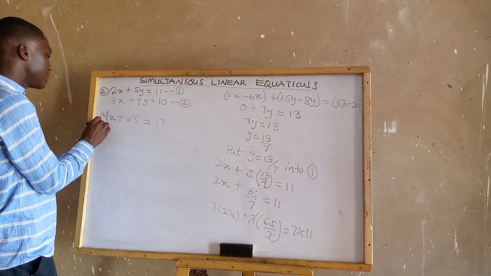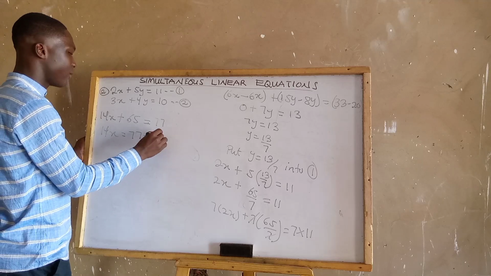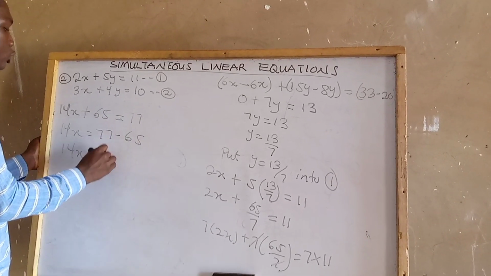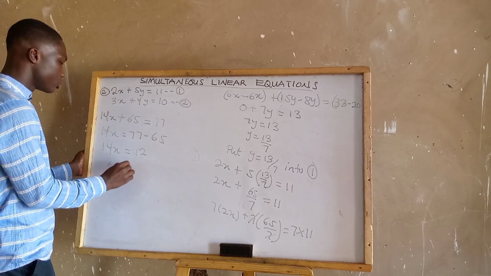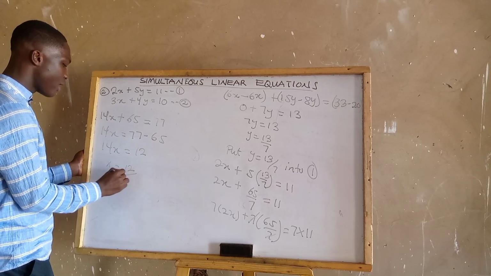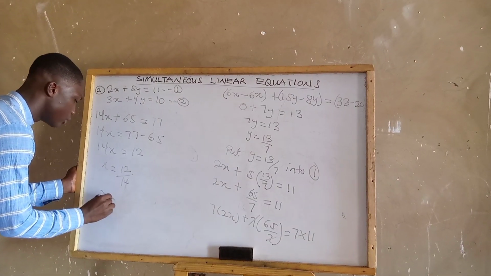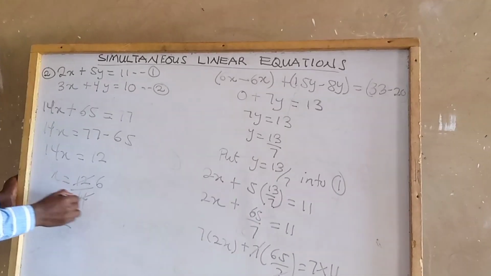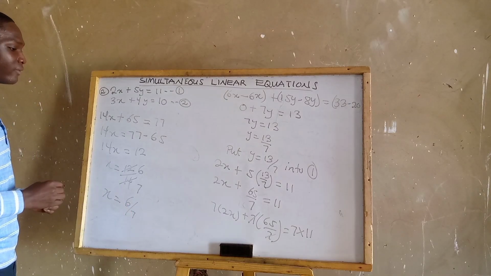So 14x is equal to 77 minus 65, which is 12. Now x is equal to 12 over 14, and dividing both by 2, we have 6 over 7 as the value of x.